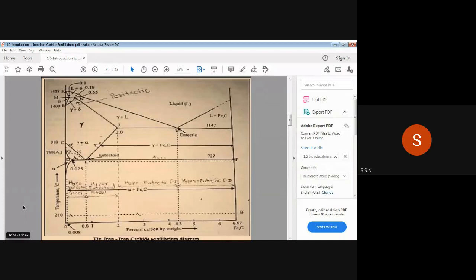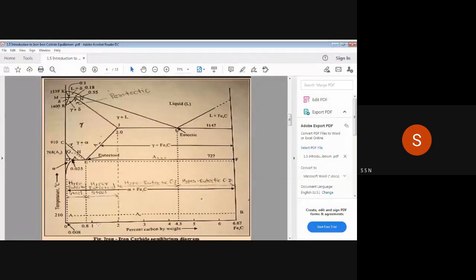Yes, okay. So this is the equilibrium diagram or a phase diagram for the iron carbide. It is said to be an equilibrium diagram because whatever phases are present in it are at equilibrium at a given temperature and for the given composition.